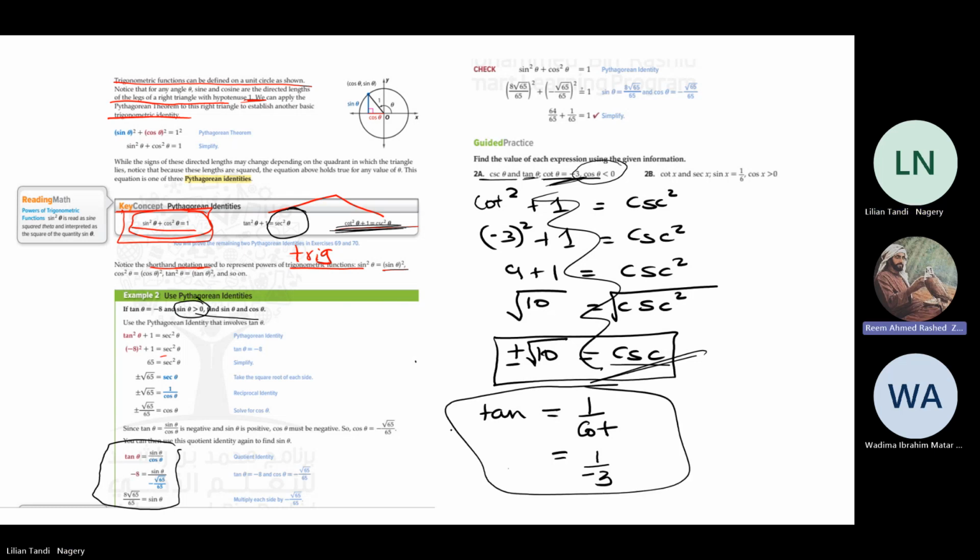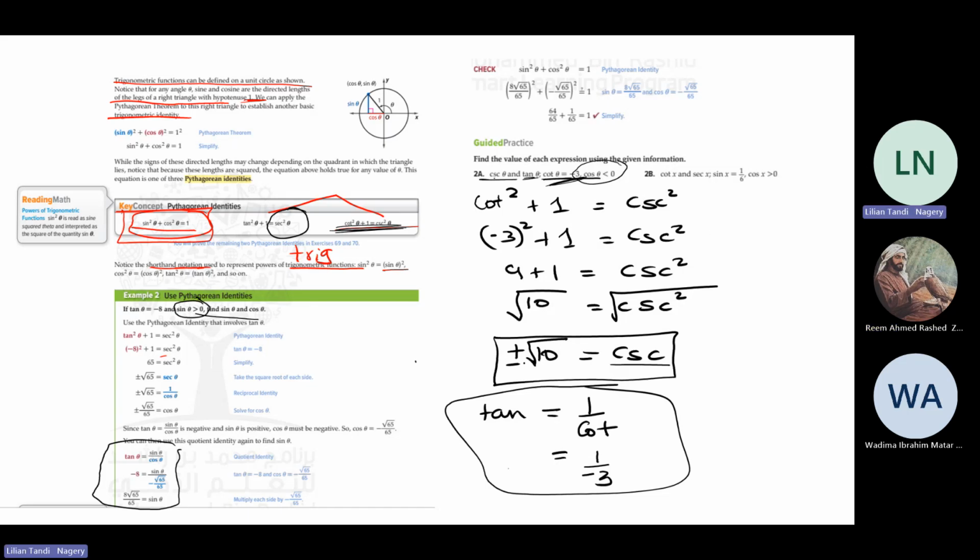We should find first cosecant. Why? We didn't use it anyway. Because he asked us for cosecant and tan. Yes. Also they say that cosine theta is less than 0. In the example, it was greater than 0. Here, less than 0.